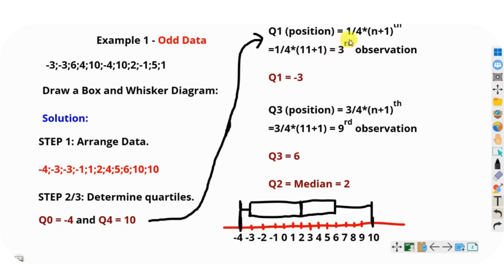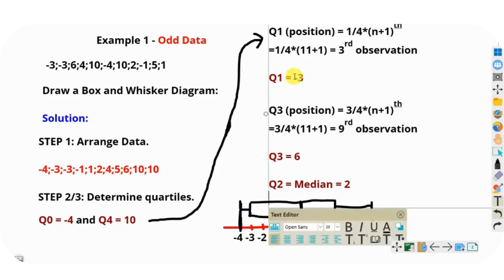So the third observation, the third number on the arranged data, is Q1, the lower quartile. The third observation is -3, so Q1 is -3.